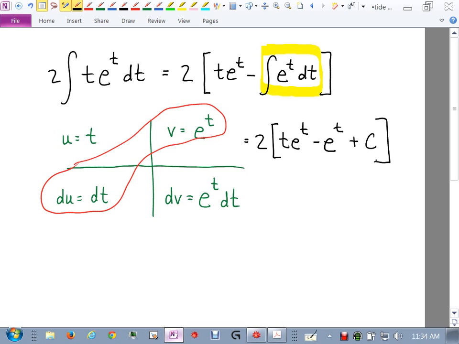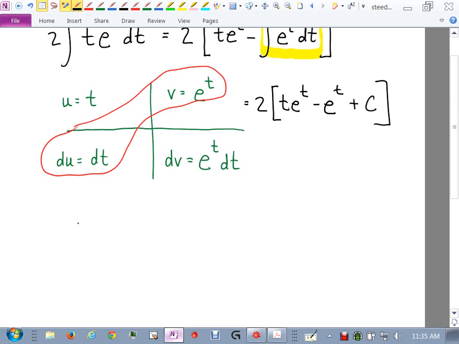I'll close my bracket here, which gives me 2t e to the t minus 2 e to the t plus 2c, but it's still just a constant, right? I don't know what c is, so 2 times c is still a constant, so it doesn't matter.